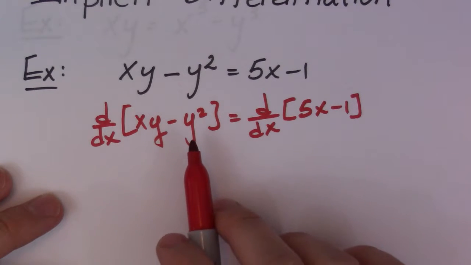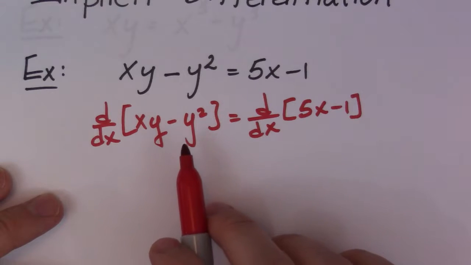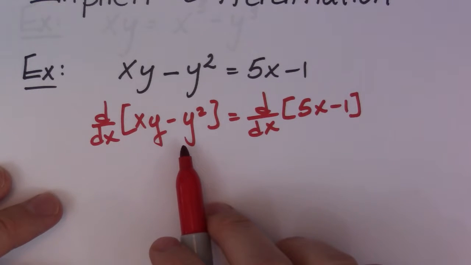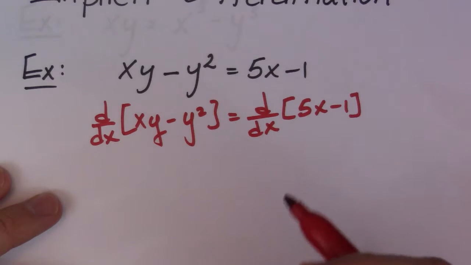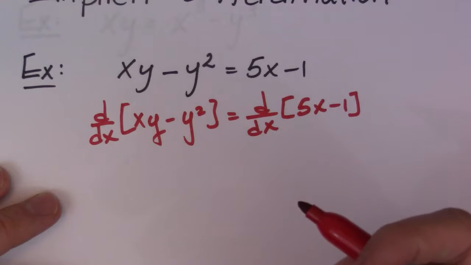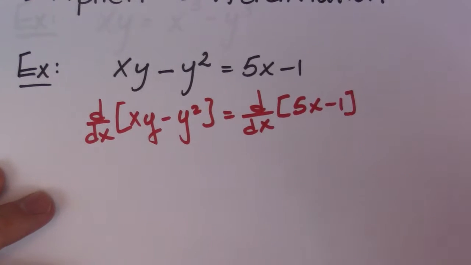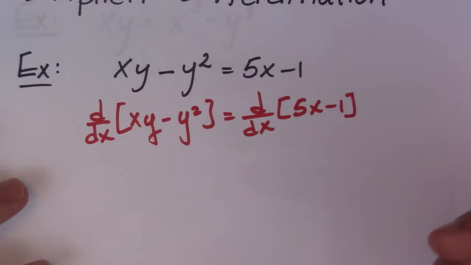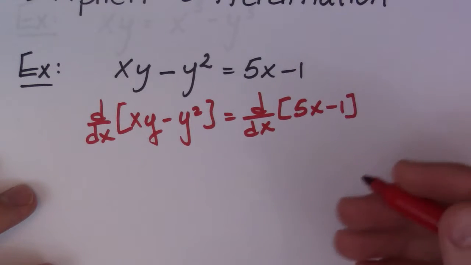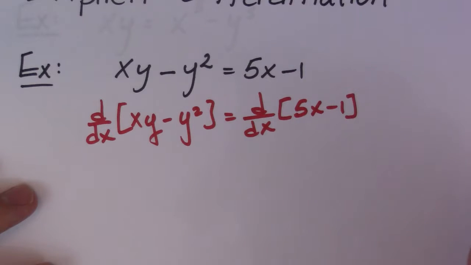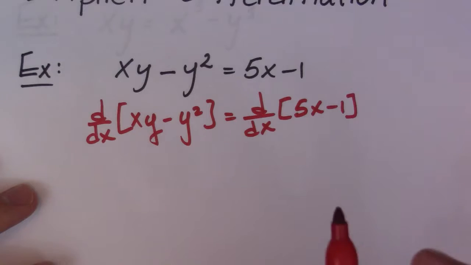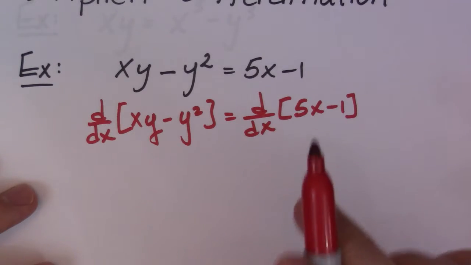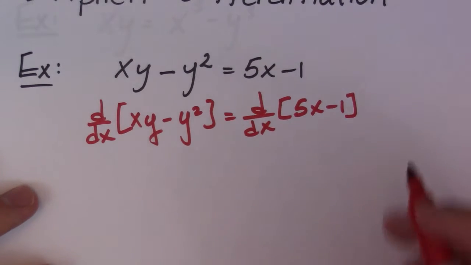What we have to be careful of is that when we're taking the derivative of something that's not x, we have to use the chain rule. For example, the derivative of u squared would be 2u times u prime. So every time we take the derivative of something with y, we get that u prime hanging out at the end of it. We need to make sure that we consider that. So we'll see how this works.